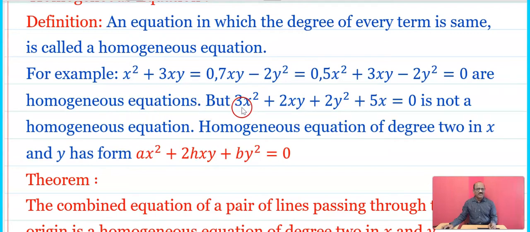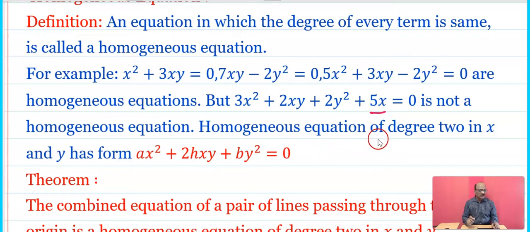But 3x square plus 2xy plus 2y square plus 5x equals 0 is not a homogeneous equation, though the degree of 3x square, 2xy and 2y square is 2. But one term is 5x, whose degree is 1, whose exponent of x is 1, and therefore it is not a homogeneous equation.